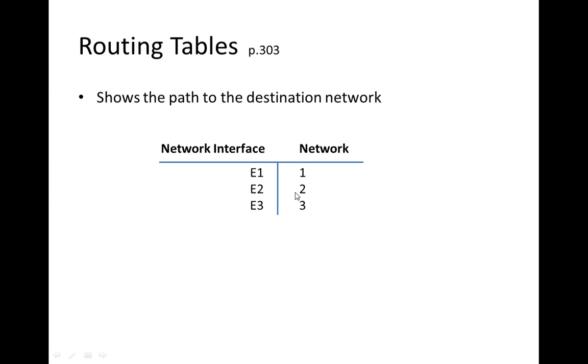So when the router receives a packet, it reads the packet header, the destination network in the packet header. It looks for a matching network in the routing table and then forwards the packet out the network interface card that corresponds to the matching network ID.